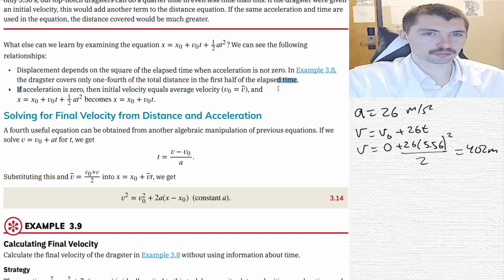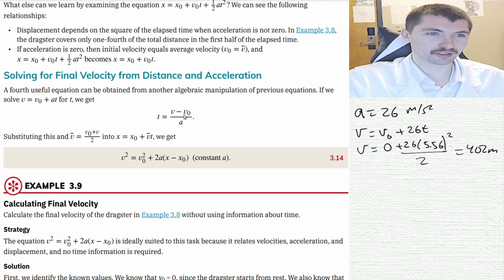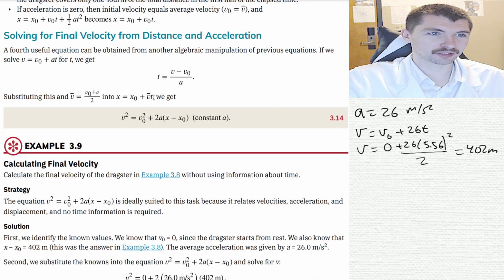All right, so I feel like this is going to be in a homework question. Whenever there's something that makes something more simple, it'll definitely be in a homework question, I think. All right, so solving for final velocity. Substituting this into that.